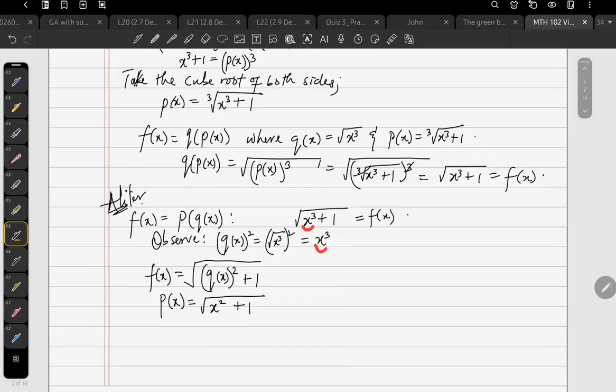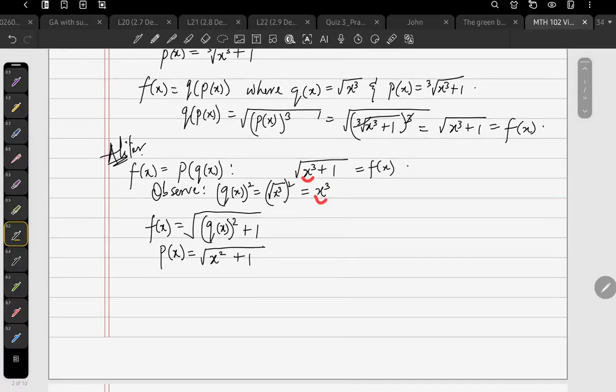We know that if we do the square root of x squared plus 1 as our p of x, and we compose this with q of x, if we bring in q of x and replace x with it, we are going to get f of x. And that is exactly what composition is.